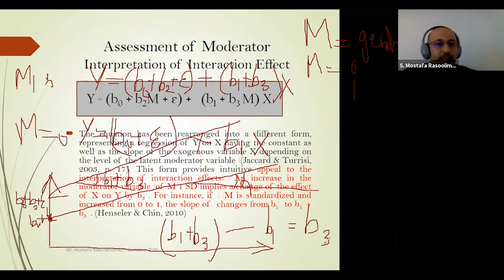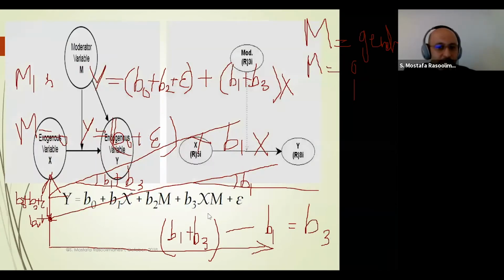What is this B3? B3 is the path coefficient or beta coefficient of the interaction effect.